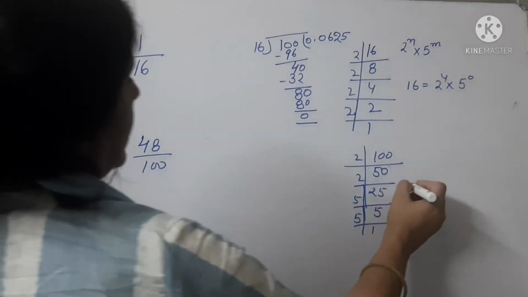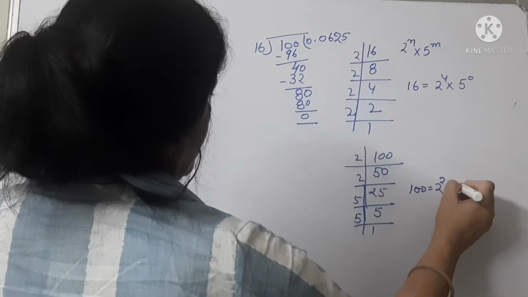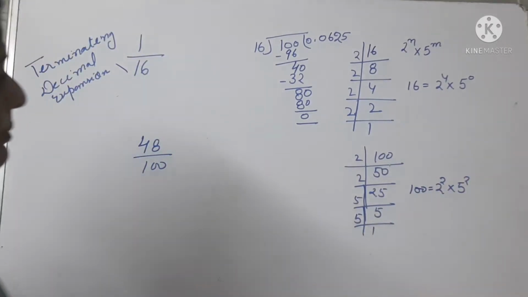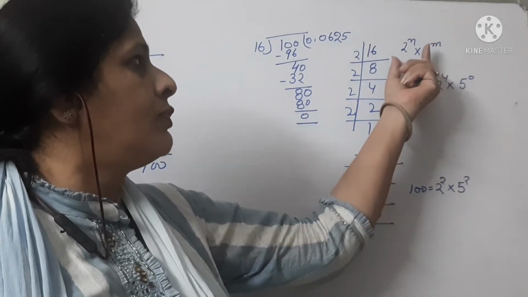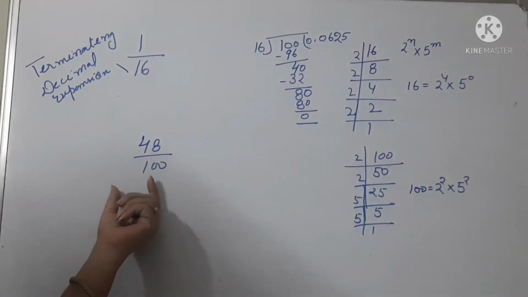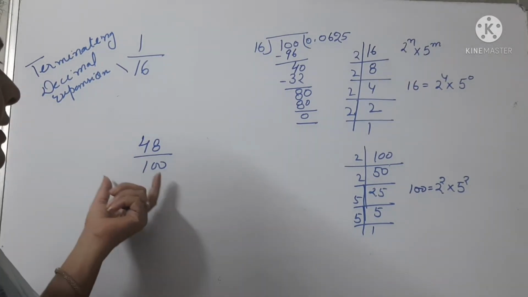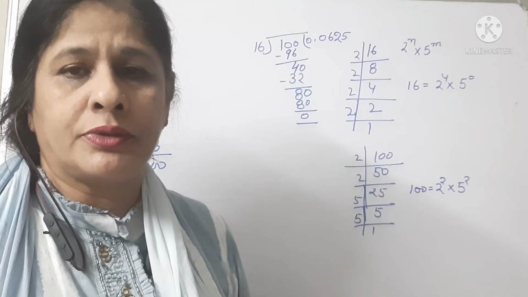So if we write the prime factors, they are 2 raised to the power 2 multiplied by 5 raised to the power 2. So this number also we can write in the form of 2^n multiplied by 5^m. So without performing actual division, we can tell the given rational number is a terminating decimal expansion.